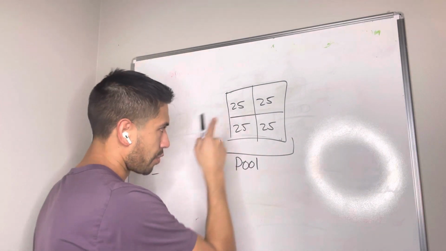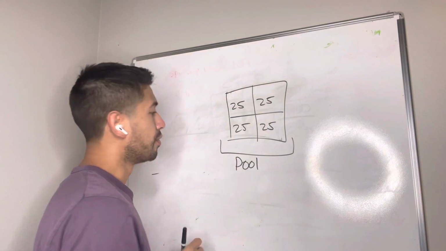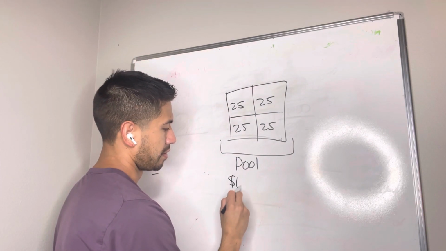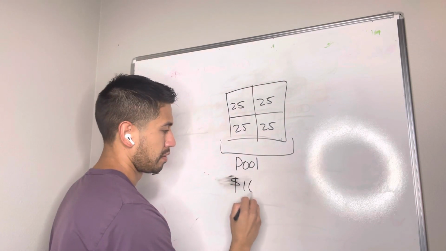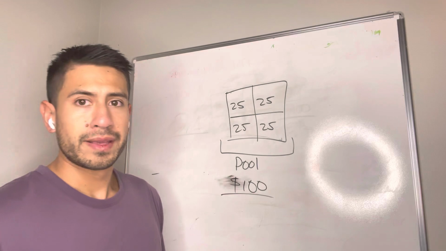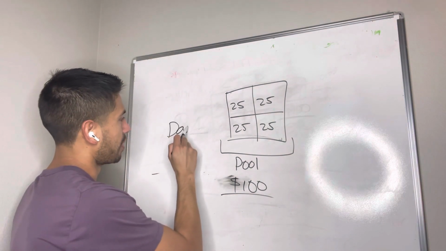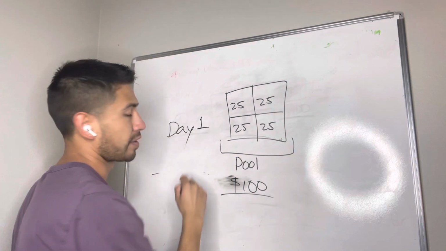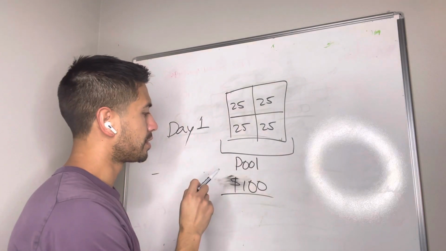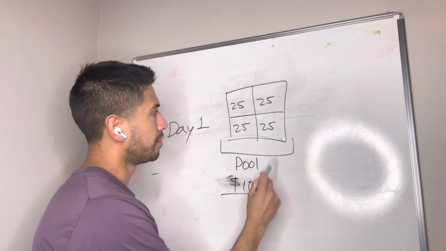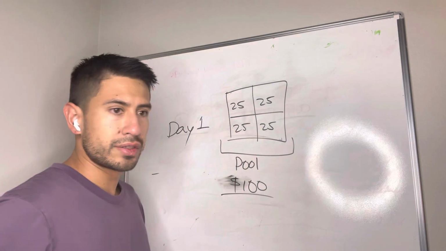So the total amount of capital put in this liquidity pool is $100. $100, right? Say this is day 1. You started tracking this liquidity pool, right? On day 1, there's $100 total in capital. Each person put $25.